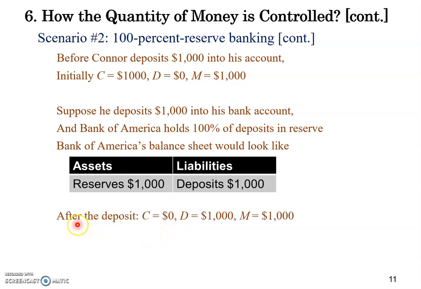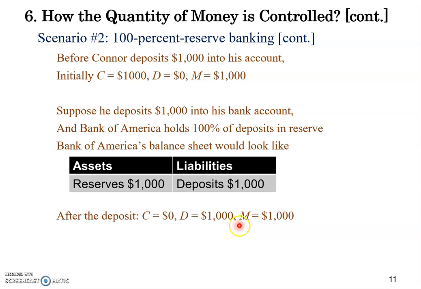Now, let's recalculate the money supply after the deposit. The currency now becomes zero. Remember, we're talking about the currency held by the public, not held by the bank. And then the demand deposit would be $1,000.